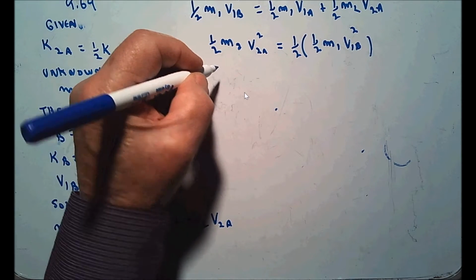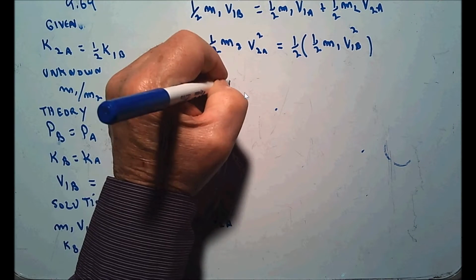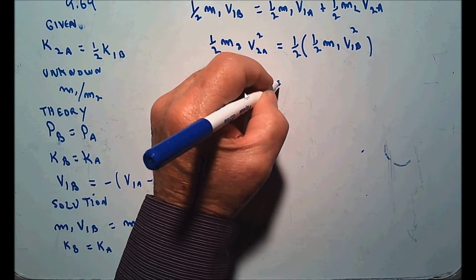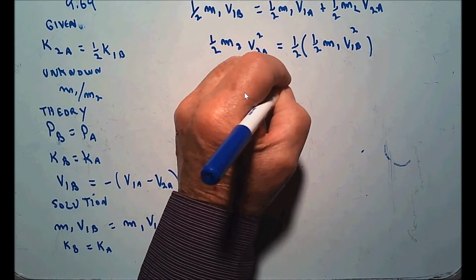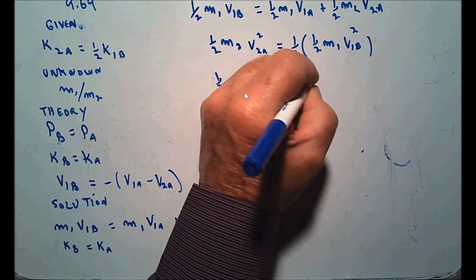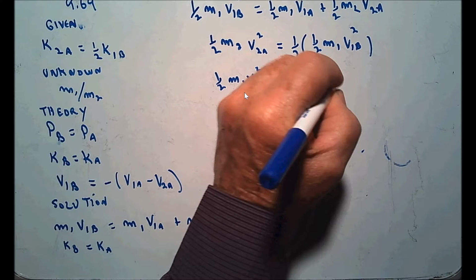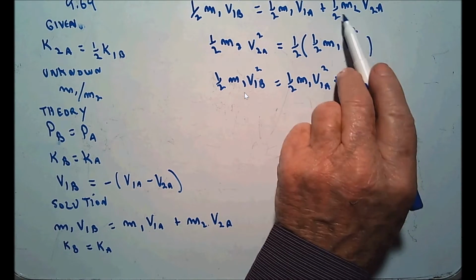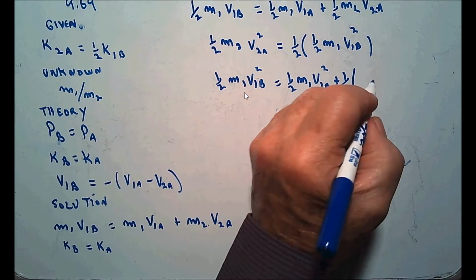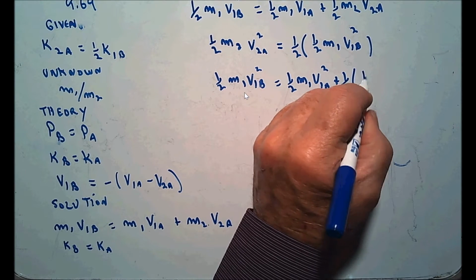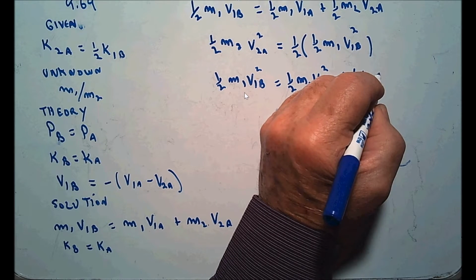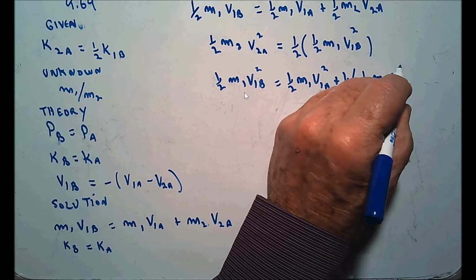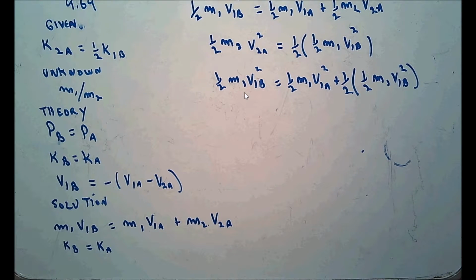It says that 1/2 M1 V1 before squared equals 1/2 M1 V1 after squared plus 1/2 M2 V2 squared after, and that's equal to 1/2 M1 V1 before squared. 1/2 that kinetic energy right there.